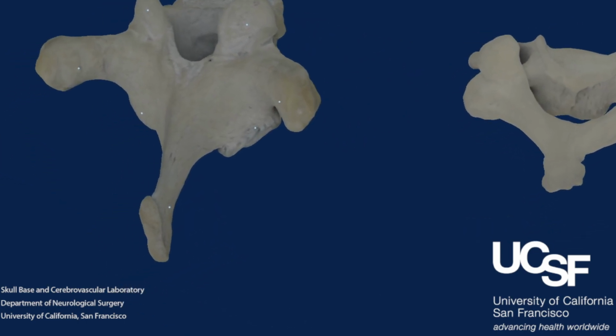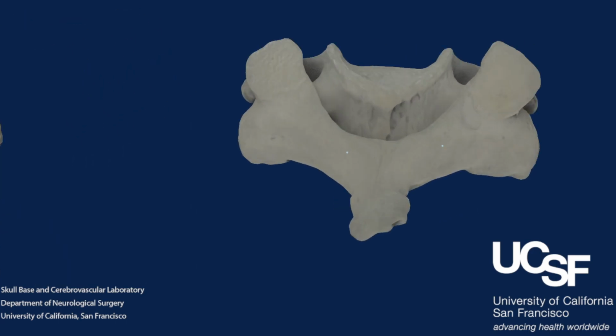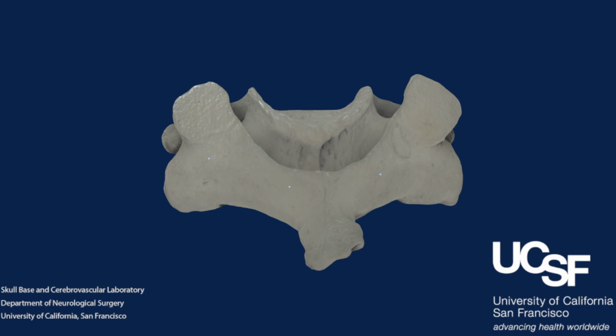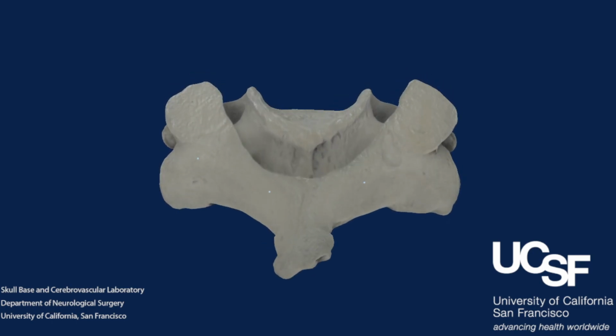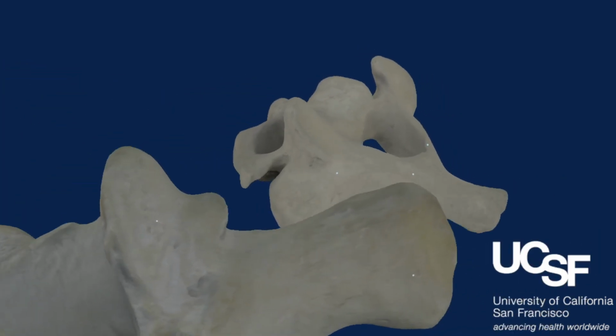These processes are going to be connected by two laminae. And from superior to inferior, there's going to be a structure called the pars articularis, which is going to be connecting both the superior and inferior articular process, and it's going to be just posterior to the pedicle.